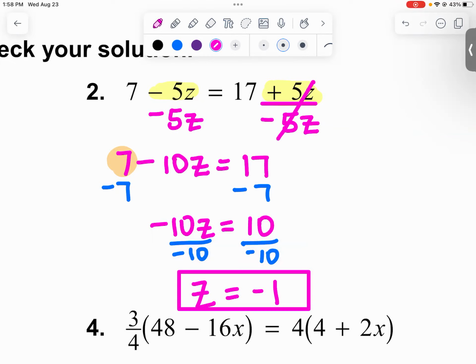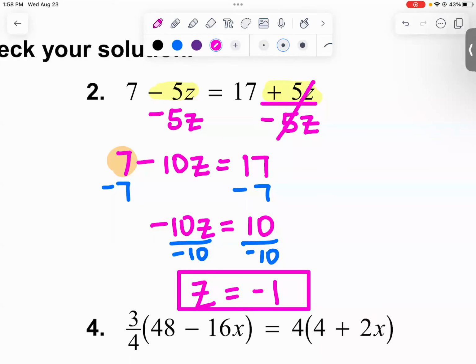Kyron, how do I know if -1 is the right answer? So 10z is a negative. Well, how could I determine that that is the right answer after I've done all the work? Oh, you input it back into the original equation. Okay, what's 7 minus 5 times -1?